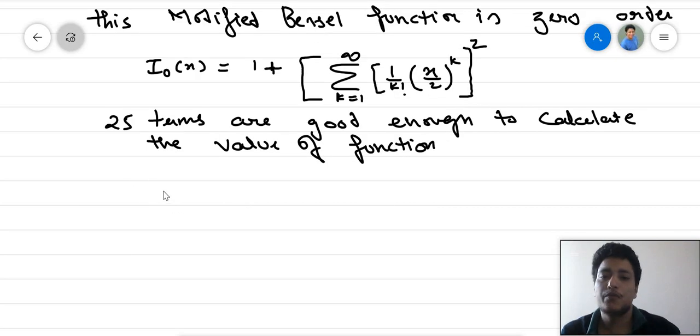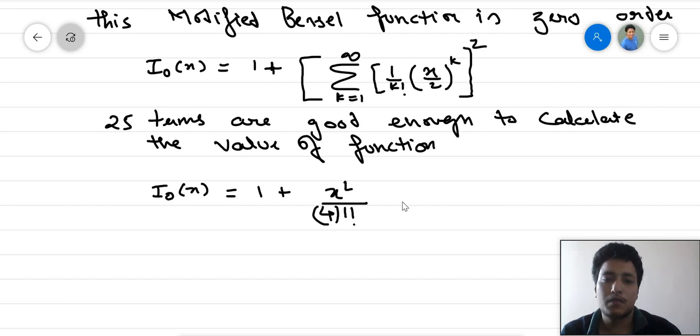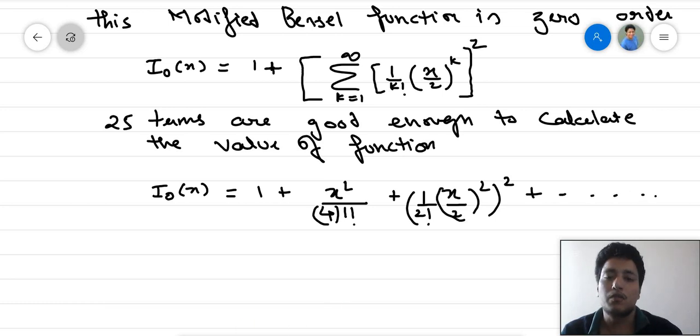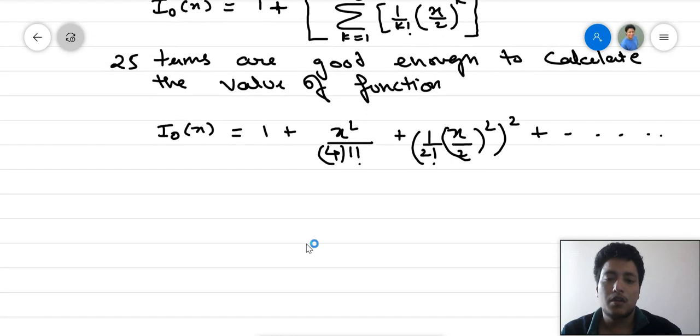Now if you want to see the series in expanded form, then we can write I naught(x) is equal to 1 plus x square by 4 into 1 factorial, plus (x by 2) power square over (1 by 2 factorial) whole square, plus and so on. We will solve this.